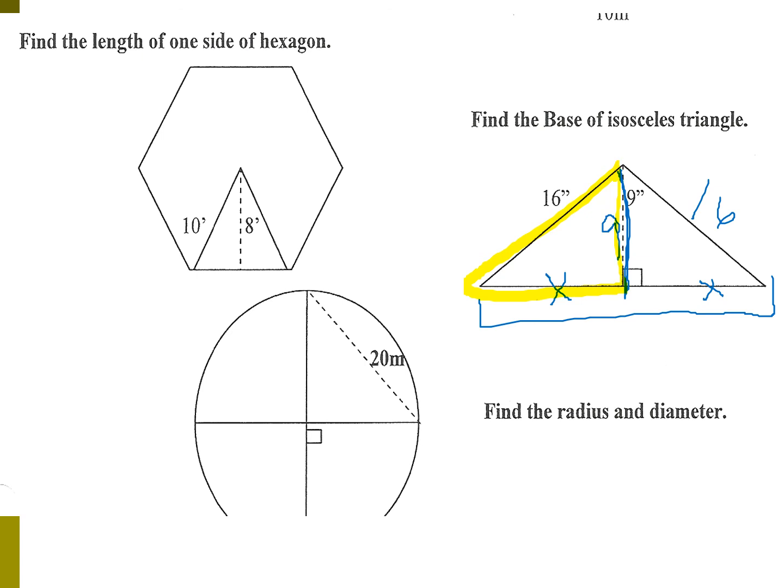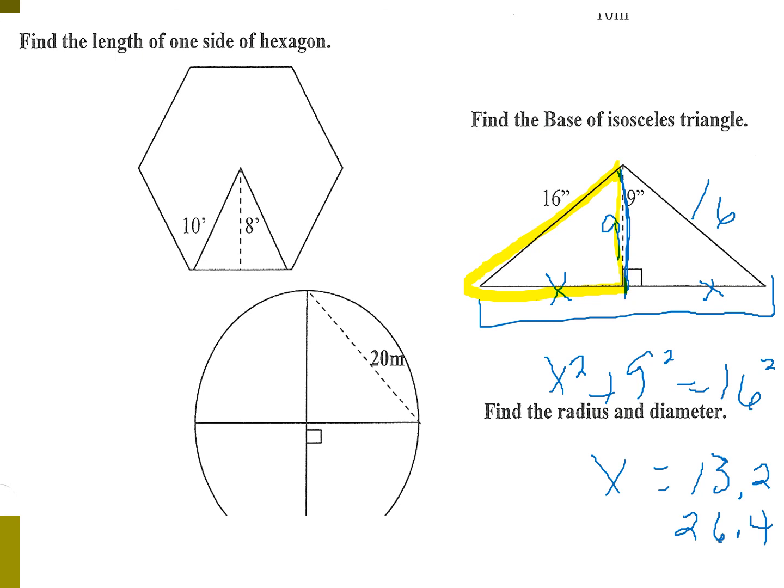X squared plus 9 squared equals 16 squared, and X works out to 13.2. So the whole bottom piece going all the way across, you double that and you get 26.4.